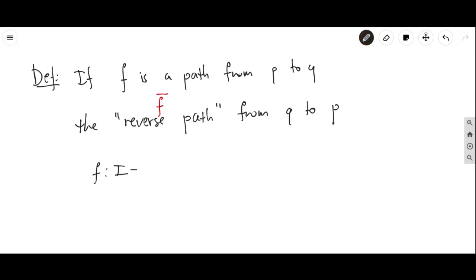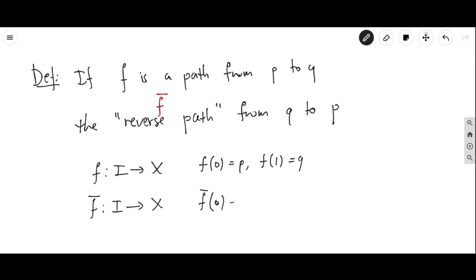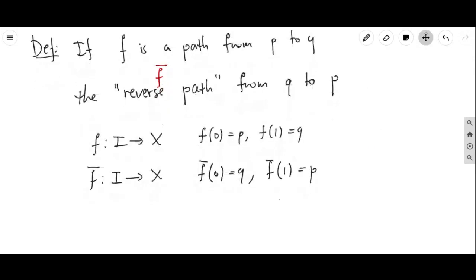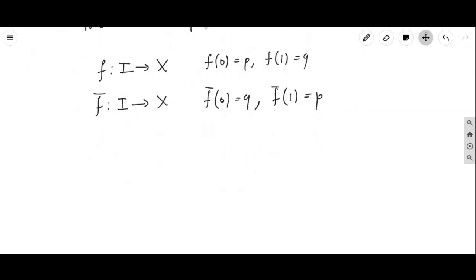So f is a function from the unit interval into X, and it maps 0 to P, and it maps 1 to Q, and the reverse path goes in the opposite way. It's also a path, so by definition, a path is always a mapping from the unit interval into your space, but this one goes the other way. This one will go from Q to P, so it goes in the opposite way, and you just make time flow backwards. That's basically what you do.